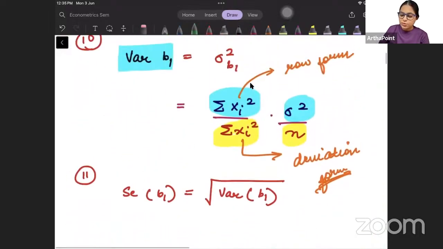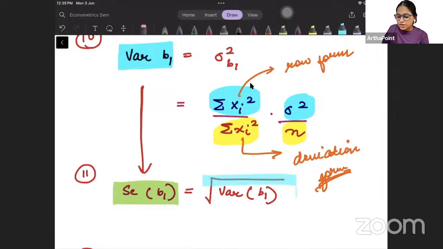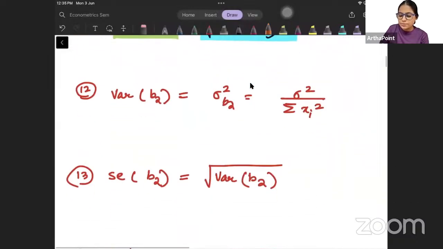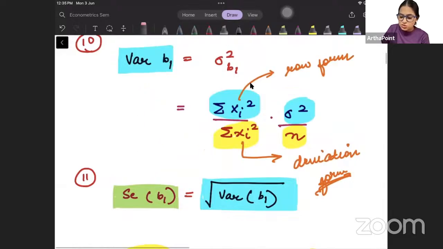Now let's go ahead. So if I were to find out the standard error of B1, the standard error of B1 will be under root the variance of B1. तो इसका अगर मैं under root निकाल दूंगी, I will get the standard error of B1. The standard error of B2 can be written as sigma square upon summation xi square. तो यहाँ पे देखो बेटा, suppose variance of B1 पे focus करो.